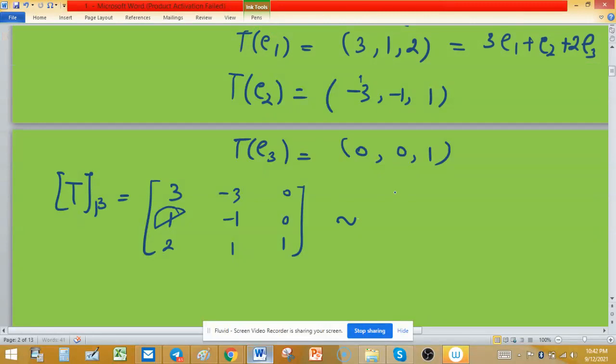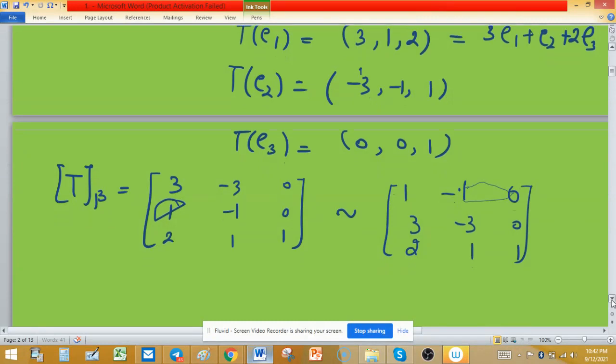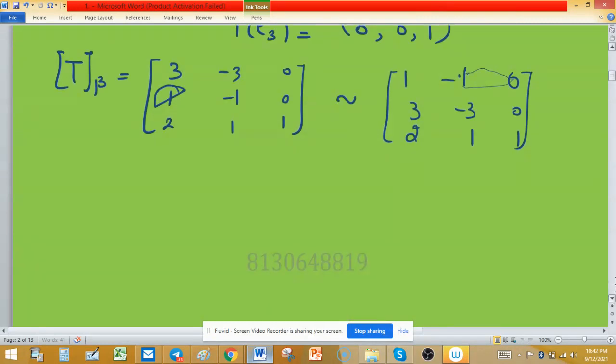So this is equivalent to the matrix with rows (1, −1, 0), (3, −3, 0), and the third row is the same. This is my equivalent matrix after applying R1 ↔ R2.